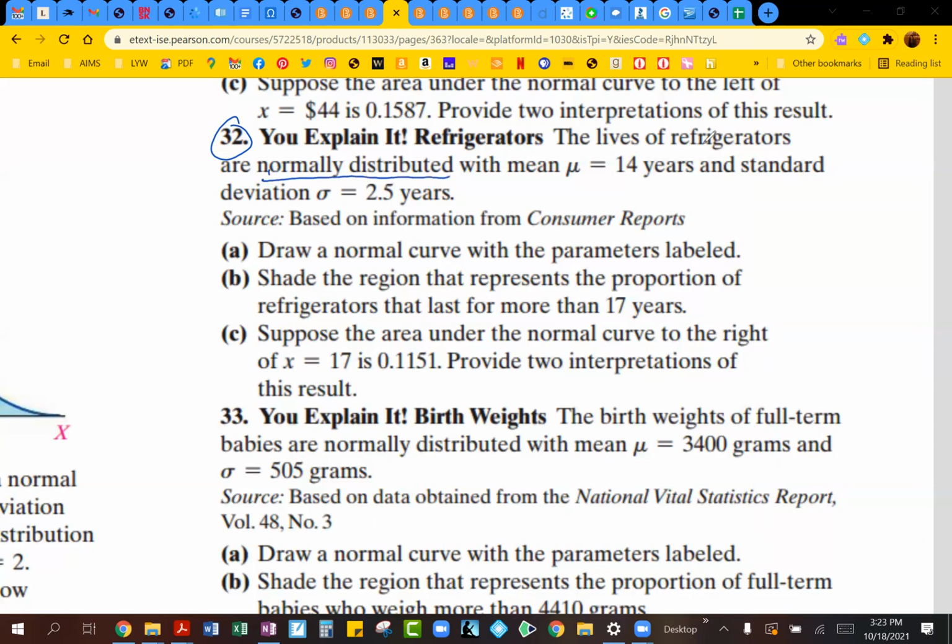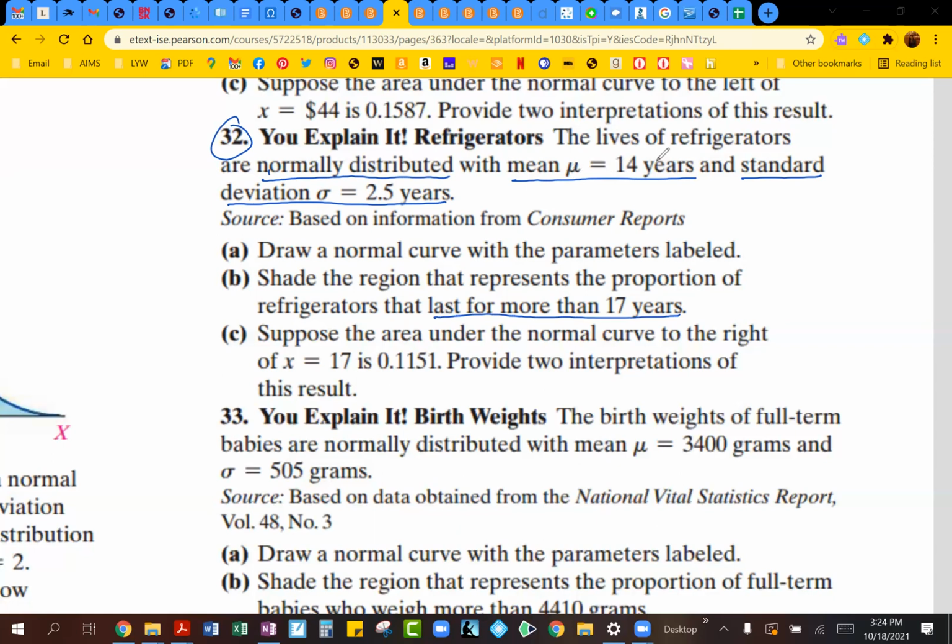They're telling us the lives of refrigerators are normally distributed with a mean of 14 years and a standard deviation of 2.5 years. So they're asking us to draw a normal curve with the parameters labeled. Shade the region that represents the proportion of refrigerators that will last more than 17 years.